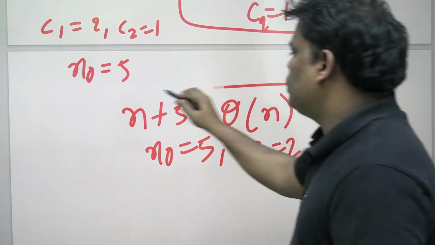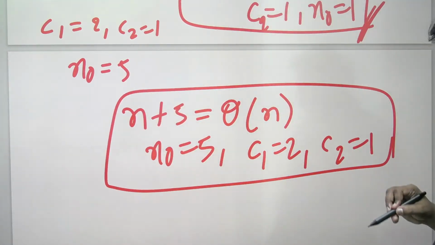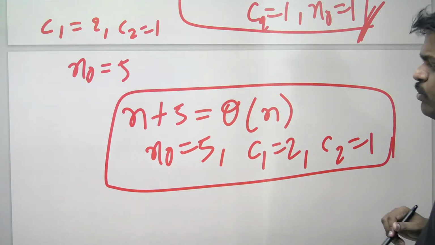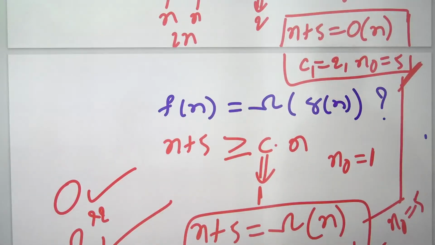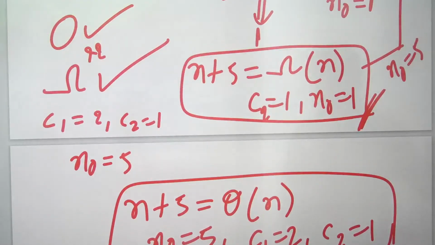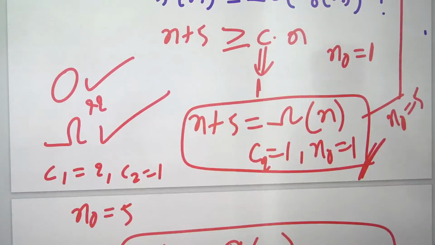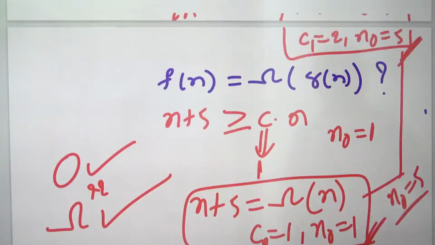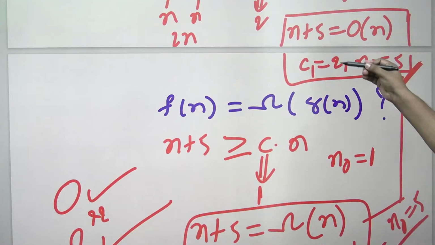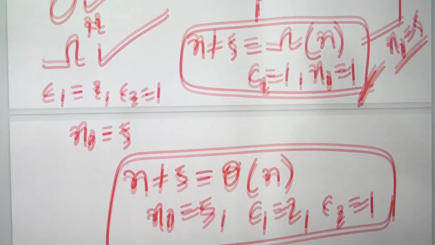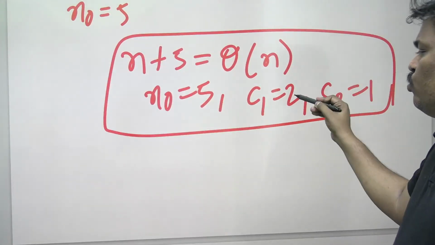So this is the answer. Between the two functions, big O possible, omega possible, theta possible. Big O possible from 5, omega possible from 1, both possible from 5. For big O the constant is 2, for omega it is 1.